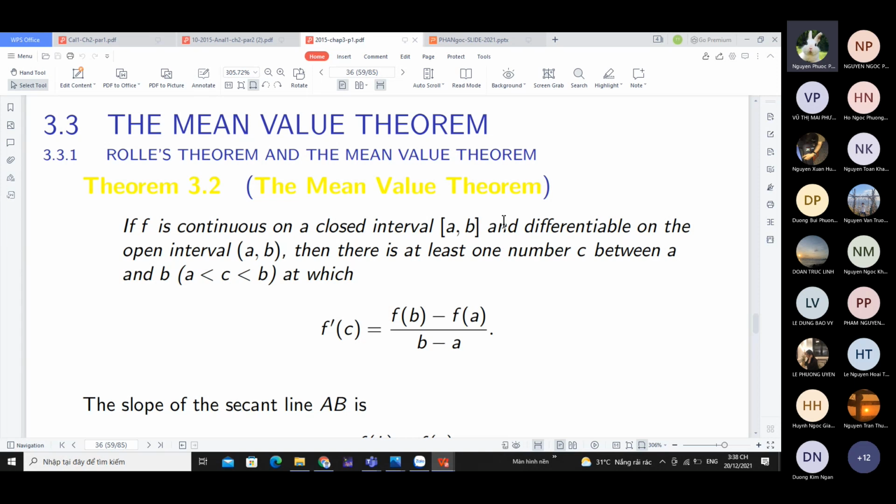On the other hand, f prime of c gives you the slope of what? The slope of the tangent line to the graph of f at the point (c, f(c)).